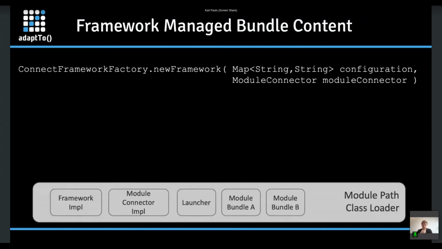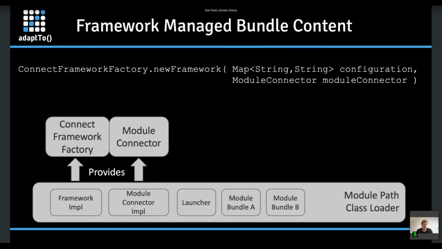Now with Connect, we added a new Connect framework factory, which is similar to the framework factory you had before, just that it has a new framework method, which in addition to the configuration, now also takes a module connector. Module connector is a very thin interface that can be implemented by somebody on the outside. You typically assume that it follows the same pattern.